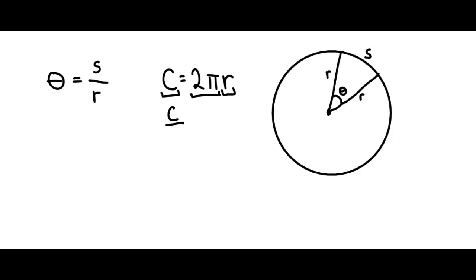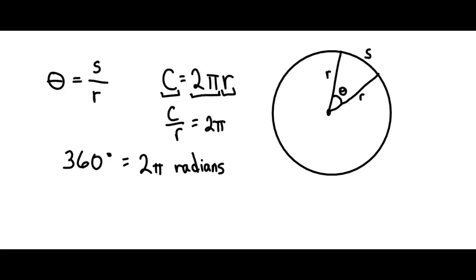So in other words, c over r equals 2 pi. Every other angle within that circle is going to be some other ratio of this arc length to the radius. Because we have a full circle that has 2 pi radians, 360 degrees is the equivalent of 2 pi radians.